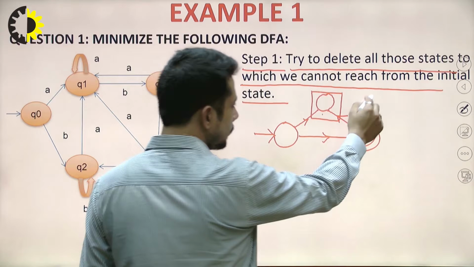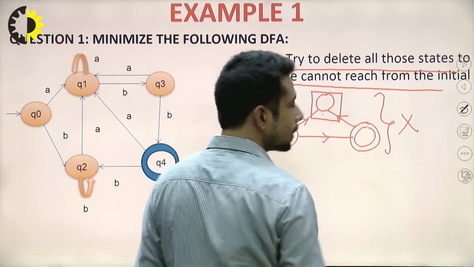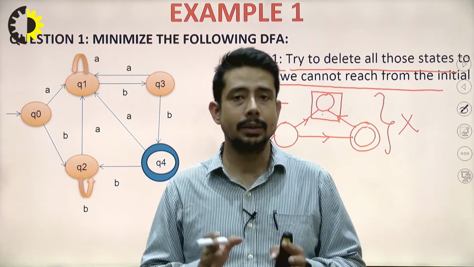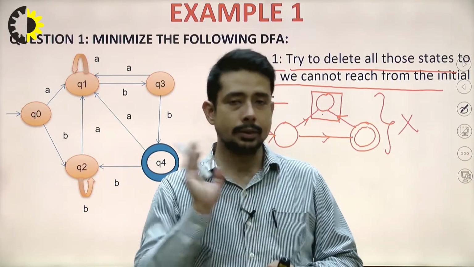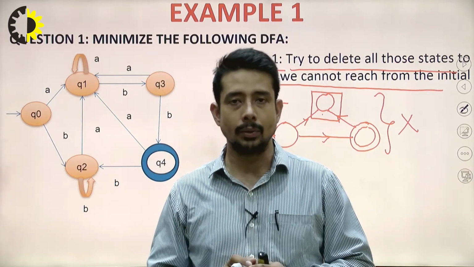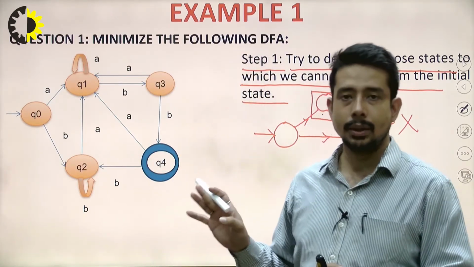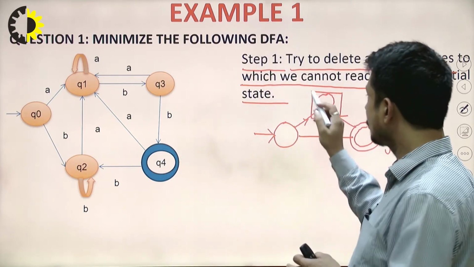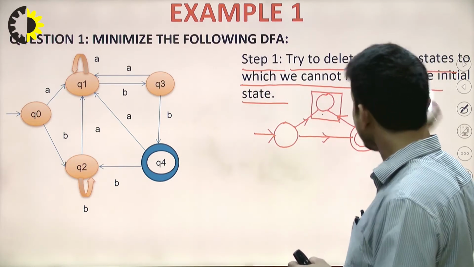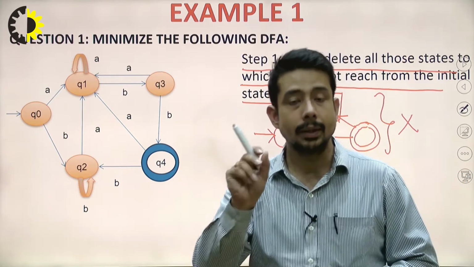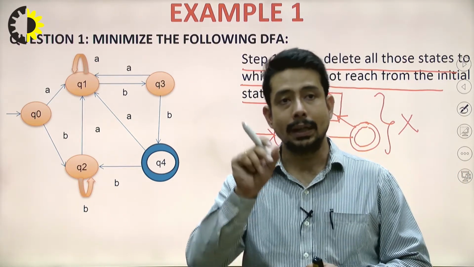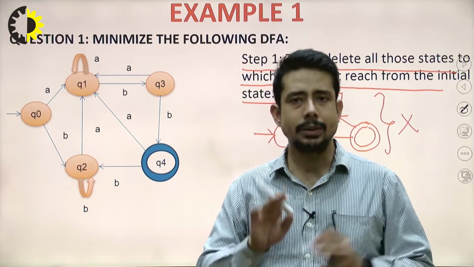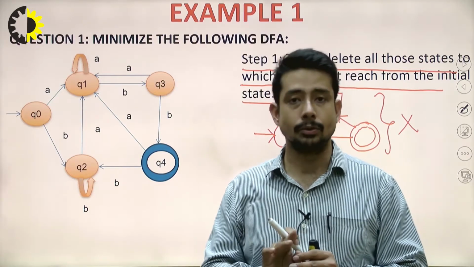So in this scenario, you cannot delete any of the states. Here they are not mentioning states which we cannot reach directly from the initial state, but which we cannot reach from the initial state. It is not mentioning directly, so that means some transitivity property also exists.